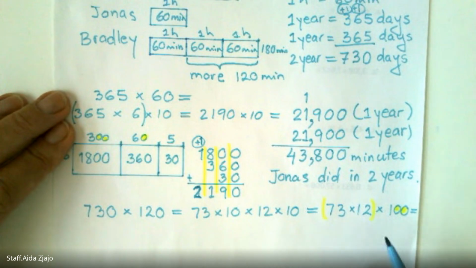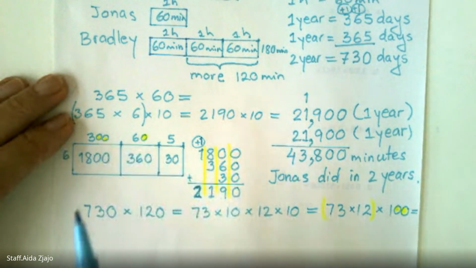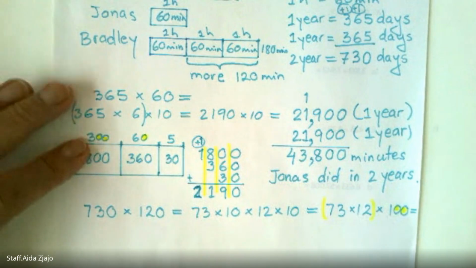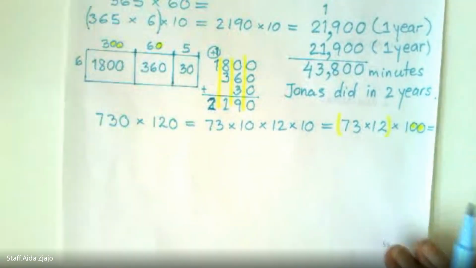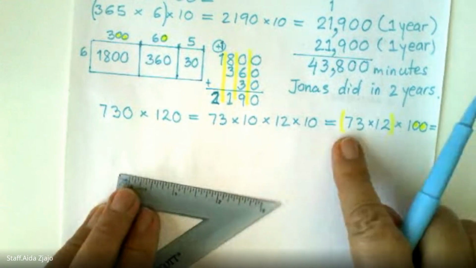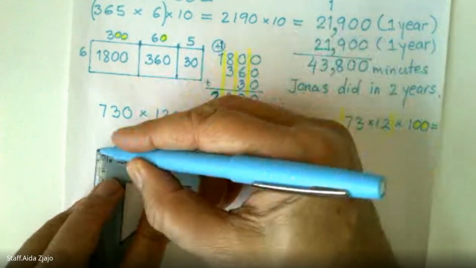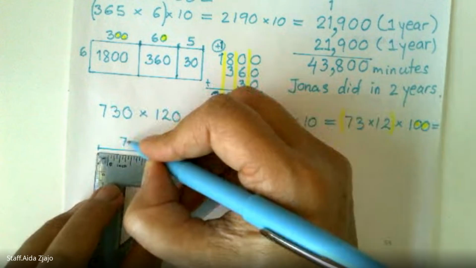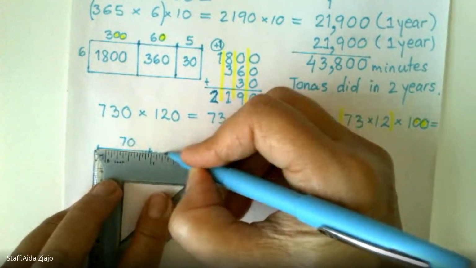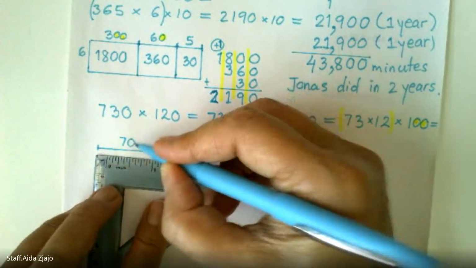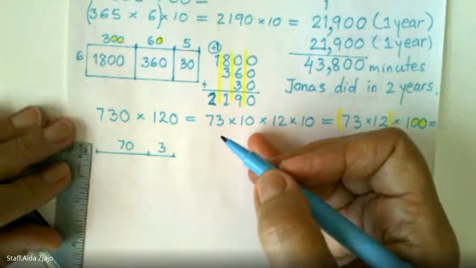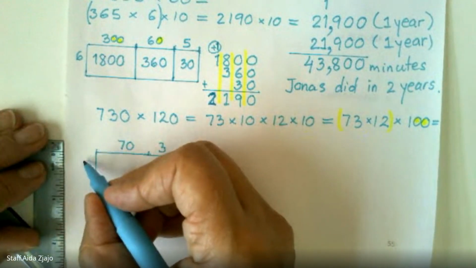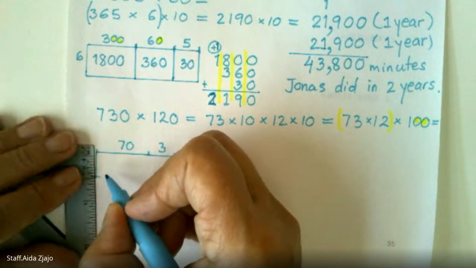So let's see. Now we did start this area model. If you like to do an area model of this one, it also could be done. So Mrs. Z is going to decompose 73 into 70 and 3. And now down vertically, I'm going to do 2 and I'm going to do 10.